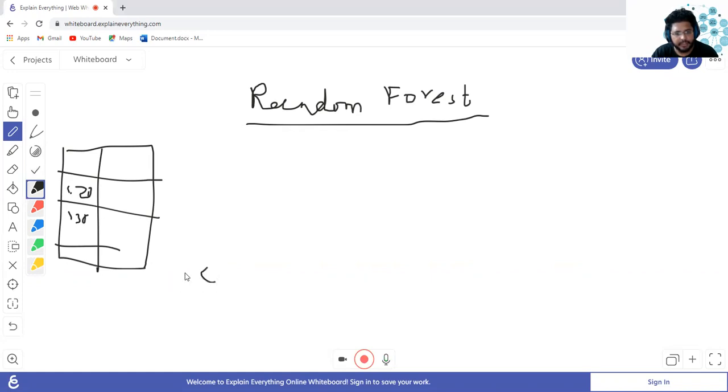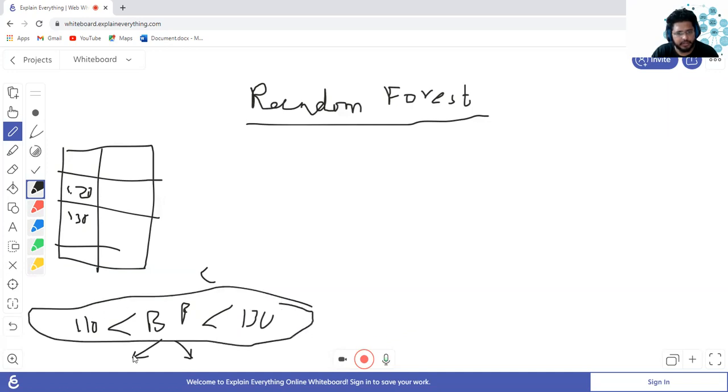You can have blood pressure greater than 110 and less than 130. Yes, no. Right? So this is your question. You will find how many yes are there, and if yes are there, how many times it is a heart disease.